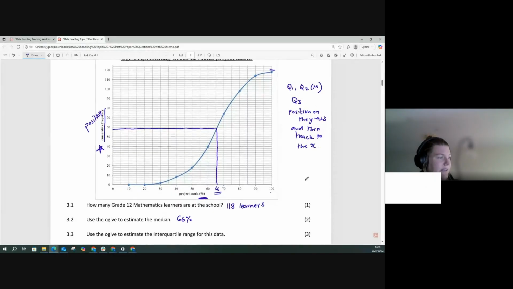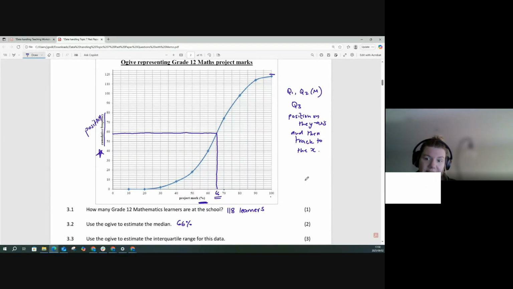Next one should be nice and easy because we just did something similar. Use the ogive to estimate the interquartile range. So for our interquartile range, I'm not giving you the answer yet.